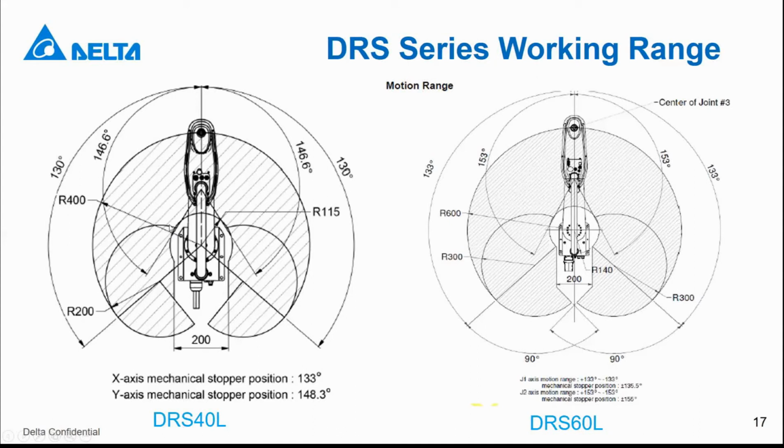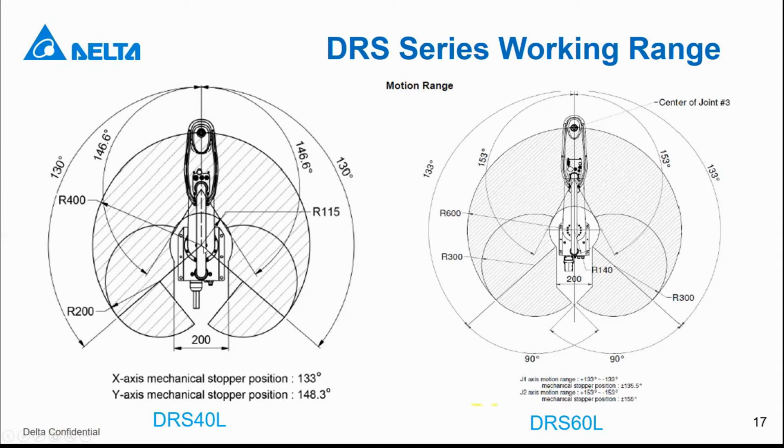But you can see there are two small circles here. This means when the robot turns to this angle, you can see the angle is 130 degrees, it also indicates here.